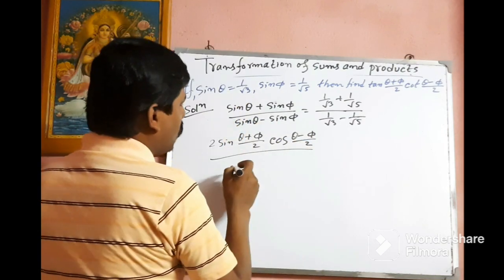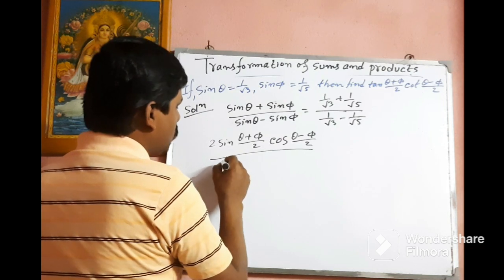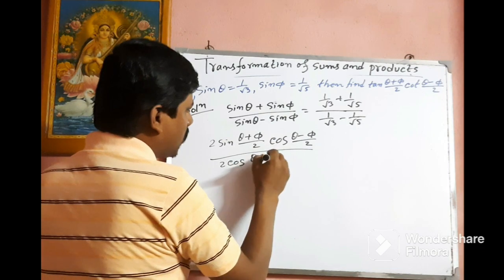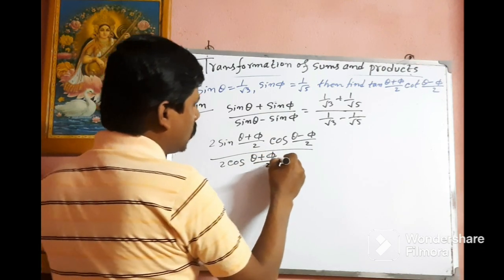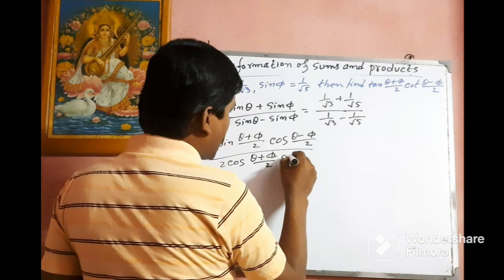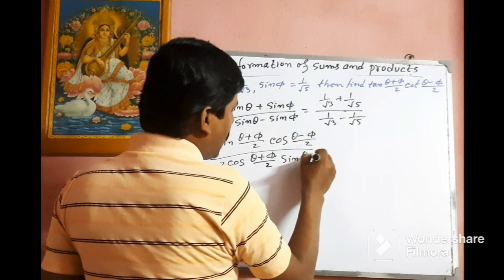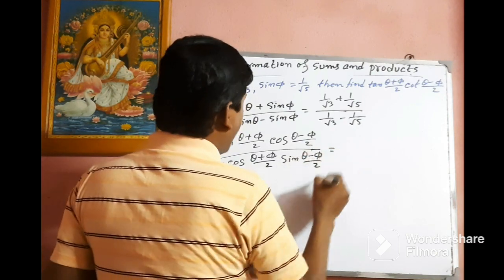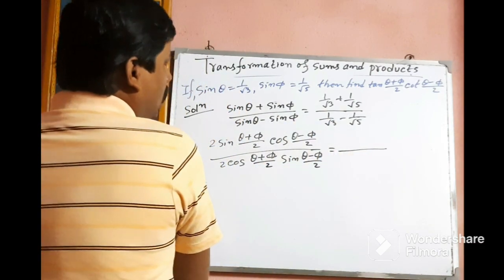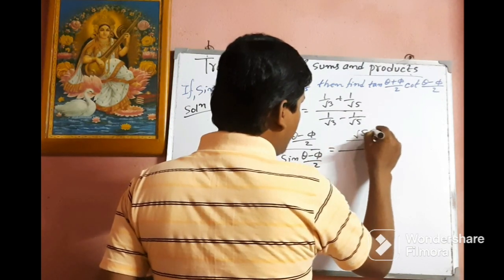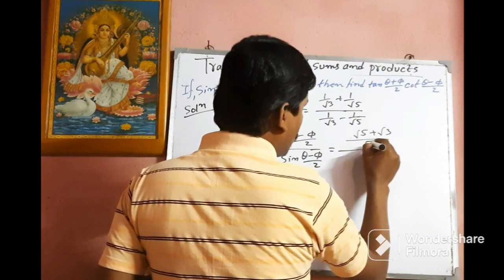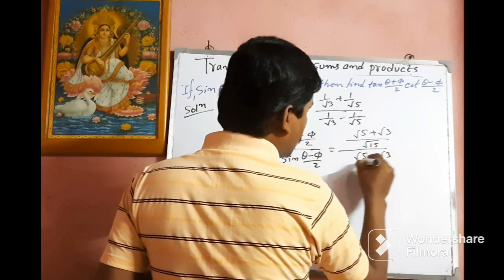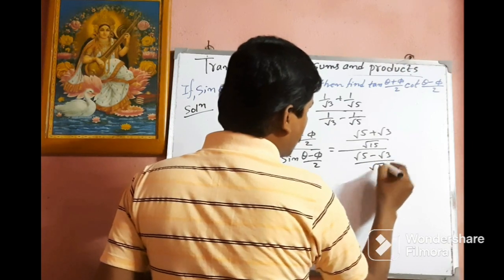Similarly here we are using sin c minus sin d: 2 cos (theta plus phi) divided by 2 multiplied with sin (theta minus phi) divided by 2. And here we get root 5 plus root 3 over root 15, and here also root 5 minus root 3 over root 15.